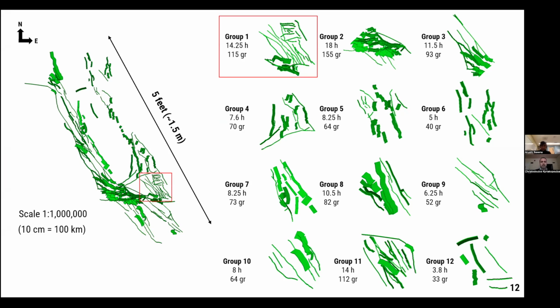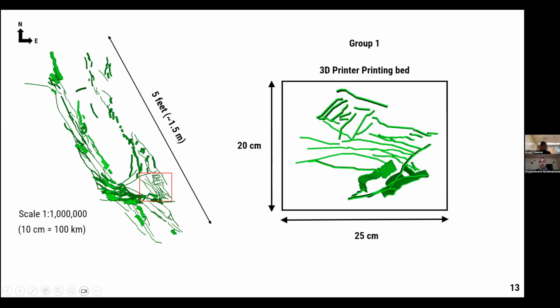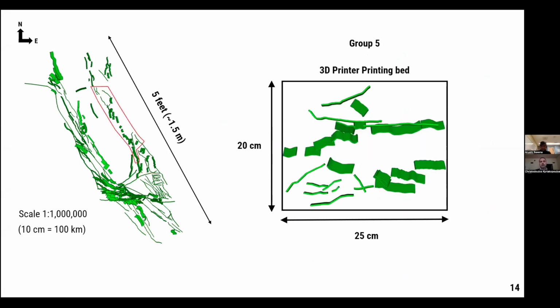Here, for example, this part here, the shear zone of California down here, because I chopped off that part, I was able to make it fit on the 3D printing bed nicely and without big troubles. But when you're trying to print something like that, then you have to squeeze and regroup everything.